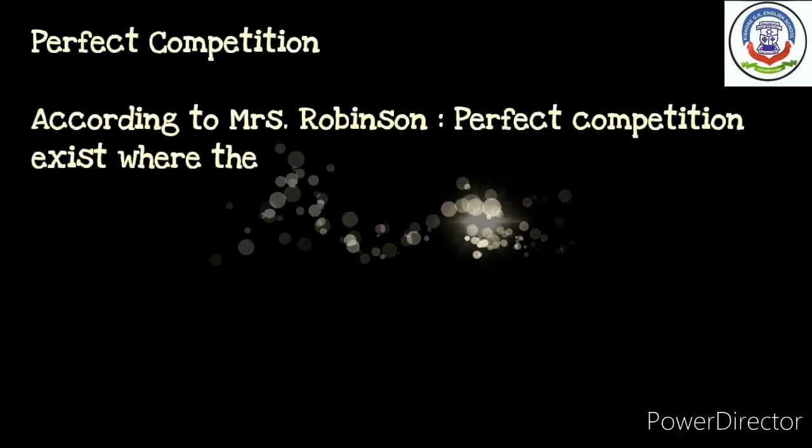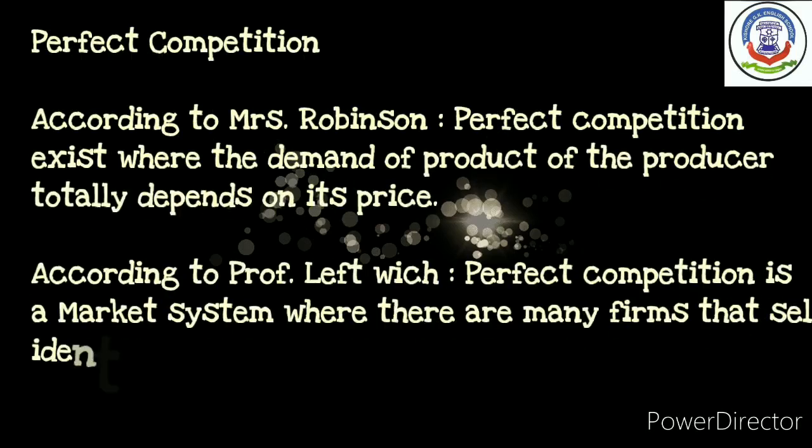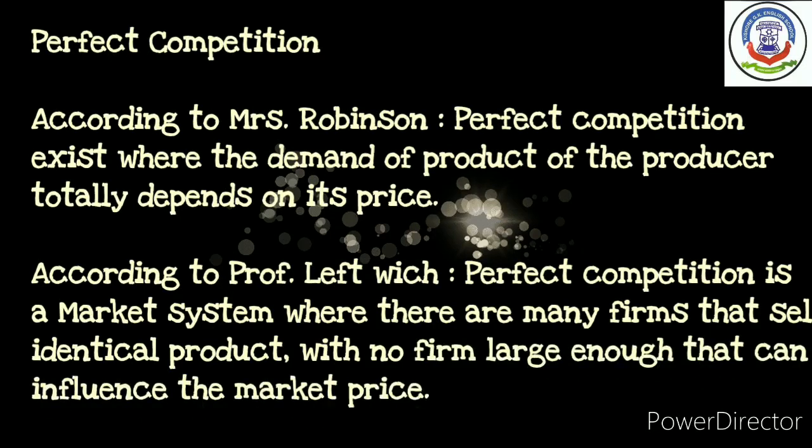Perfect competition market is an ideal market. It is only possible theoretically, not practically, except in the agricultural sector. This market is rarely seen in transactions. According to Mrs. Joan Robinson, perfect competition exists where the demand for the product of the producer totally depends on its price.